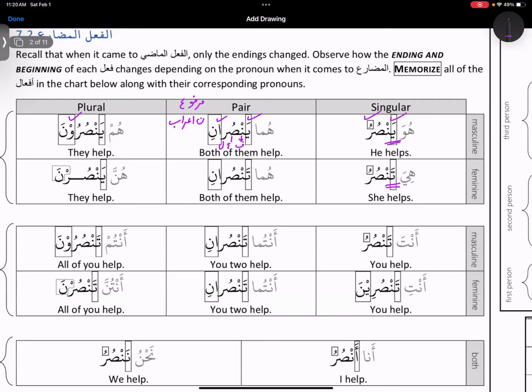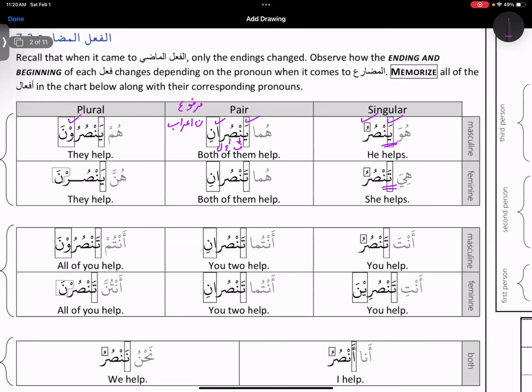If you keep these markers, then nothing is hard. And same is yansurani, tansurani. The hiya version of huma, the feminine version, would be starting with ta. Yansurani, tansurani.